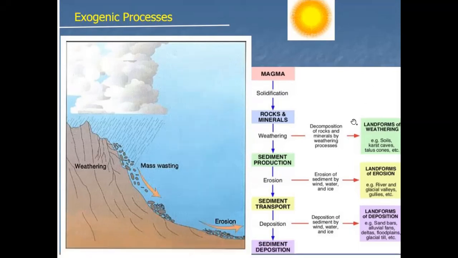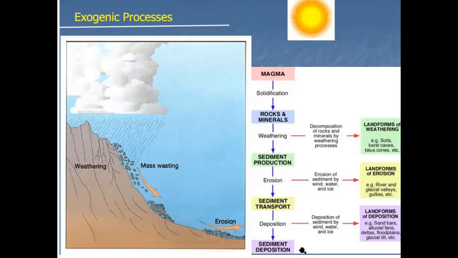And that deposition process creates new landforms. For example, sandbars, alluvial fans, deltas, floodplains, or glacial tills. So all those are exogenic processes that are taking place.